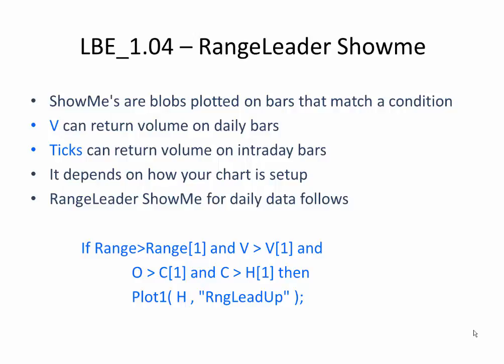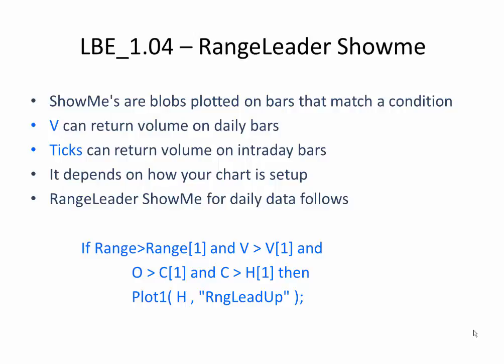So here we have a range leader designed for daily data. The range is greater than the prior range, which would imply a more volatile component. Something is happening that is different than the prior bar, and the volume is greater than the volume of the prior bar, which generally goes along with expanding range.